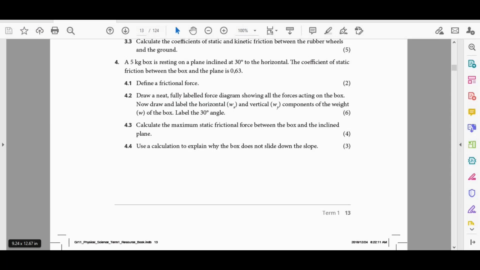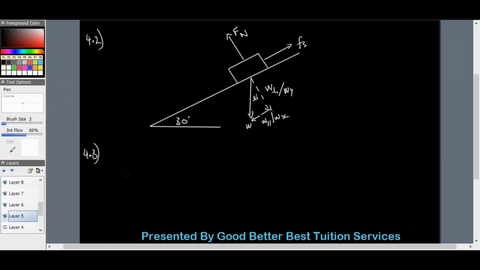4.3's question was: calculate the maximum static frictional force between the box and the inclined plane. They've given us the static frictional coefficient, right? And we can work out the normal force, I'm sure. So when it comes to any object that has a vertical component in it, we must understand that there's a formula that says basically weight is going to equal the normal force plus the vertical component, in this case Wy.